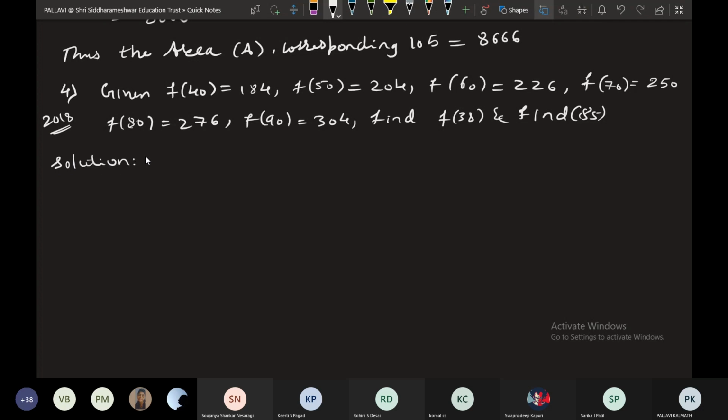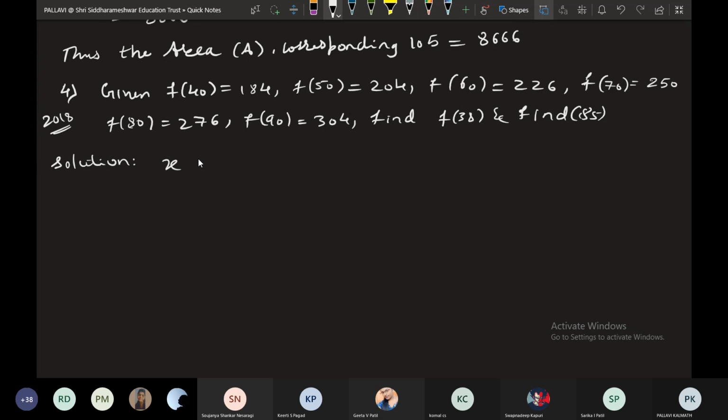Okay, go for the solution. See here how the data is given. Data is given in a different format, right? Can you tell me what will be the values of x? 40, 50, 60, 70, 80, 90. What is the range for x?